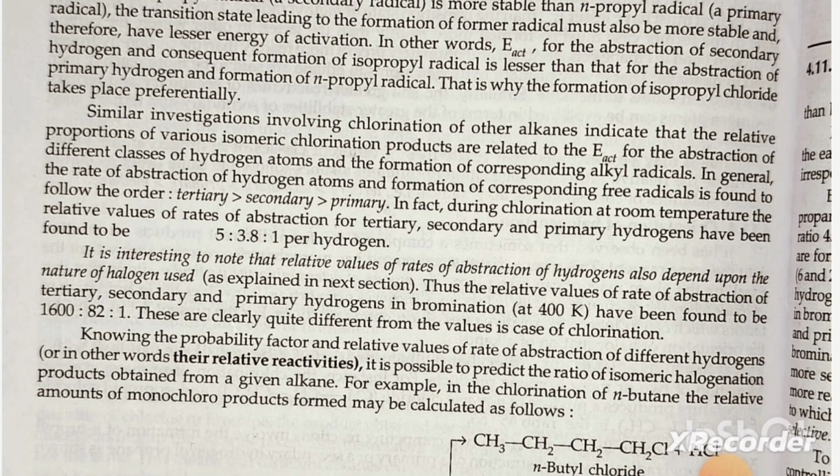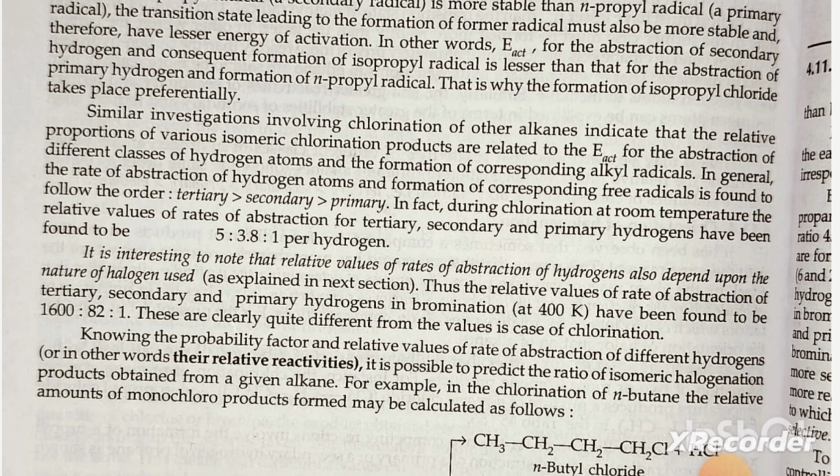In fact, during chlorination at room temperature, the relative values of rate of abstraction for tertiary, secondary and primary hydrogen atoms have been found to be 5:3.8:1 per hydrogen.